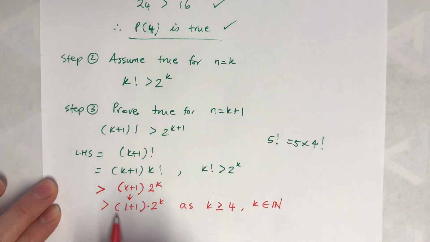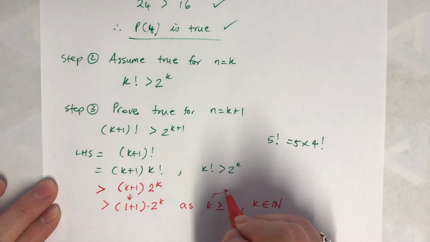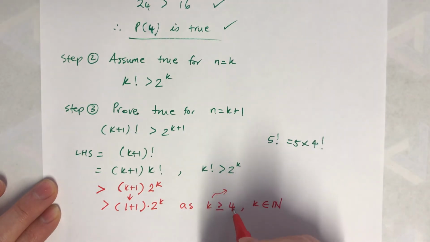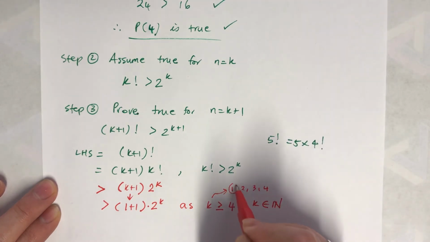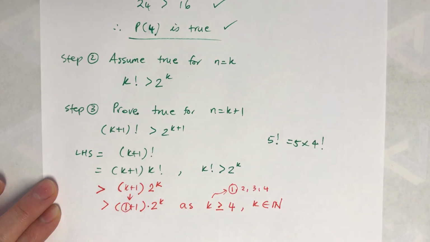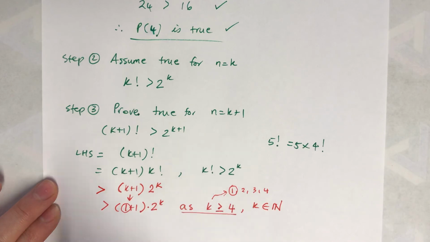Now because this part is less than, we can use k as 4, which is the smallest number we're going to use, because if I use 5, 6 or something for k, that is not going to be satisfied, because that has to be bigger than, not less than. So just be careful and put that in there.